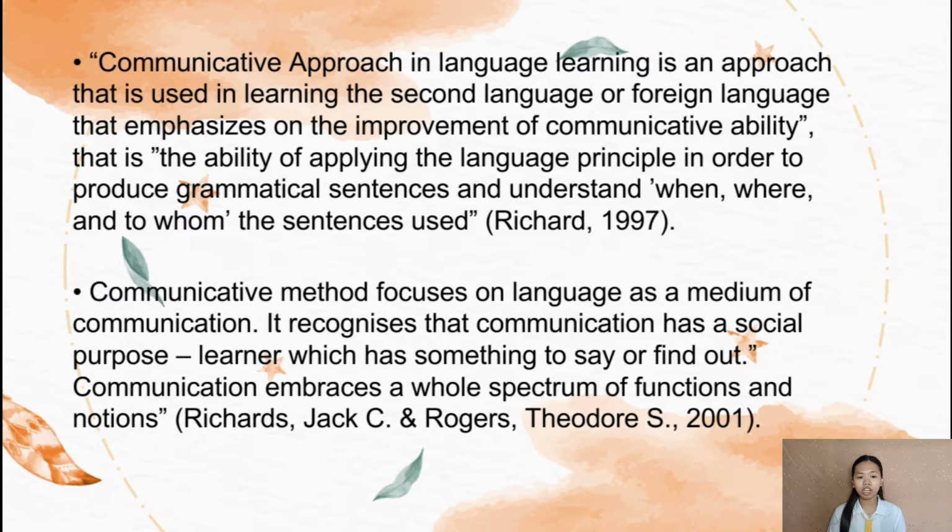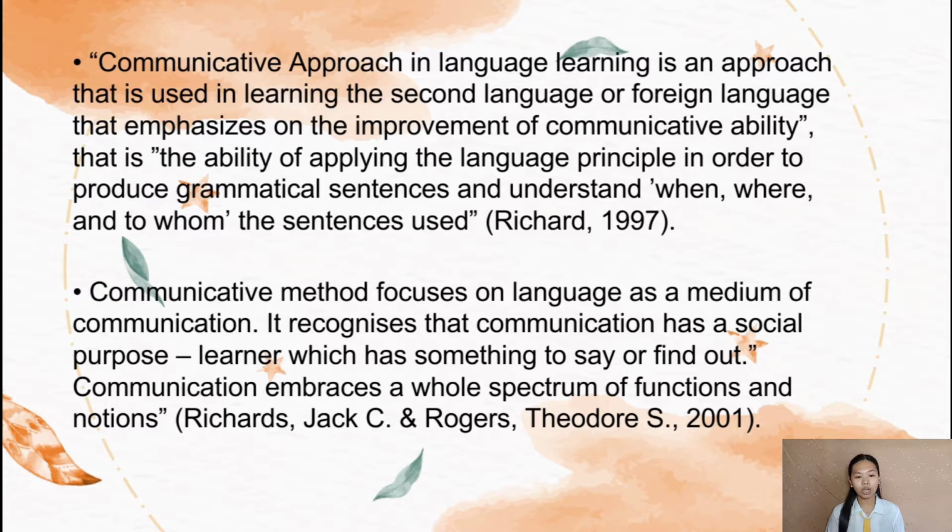And of course, to accomplish this aim, teachers are first and foremost required to be familiar with the core concepts of communicative competence. On the other definition, according to Richards, Jack C. and Rodgers, Theodore 2001, the communicative method focuses on language as a medium of communication. It recognizes that communication has a social purpose, where the learner has something to say or find out.